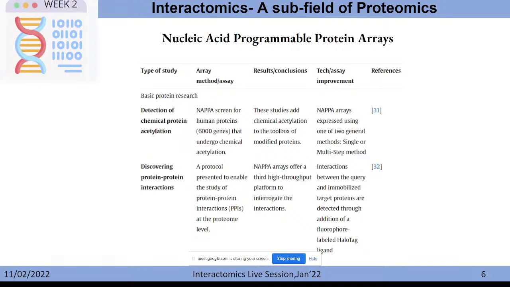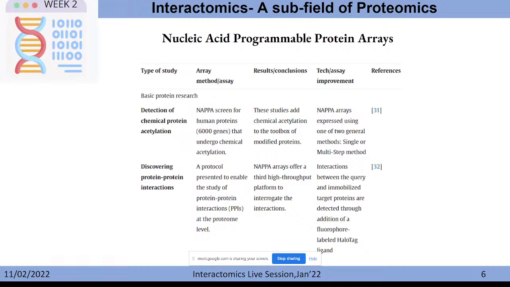So if you have identified one protein in a disease state, for example, found to be overexpressed, now you would like to find out what other proteins in the proteome this protein interacts with. So you take the clones of all the genes present and print those in the array.